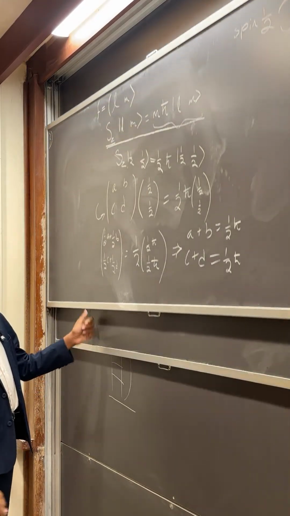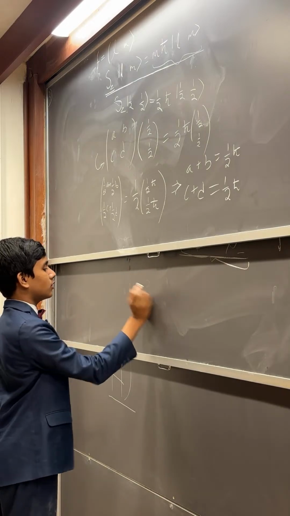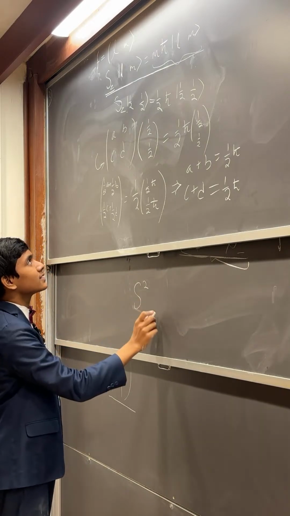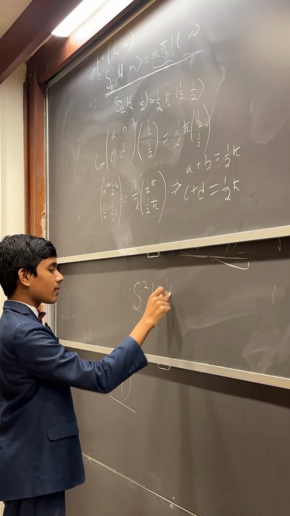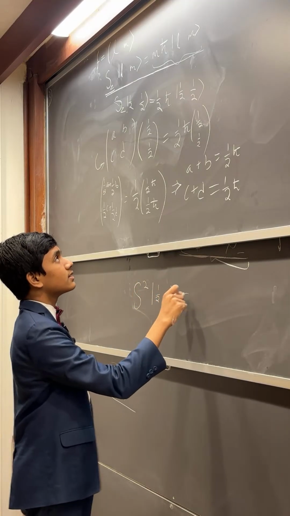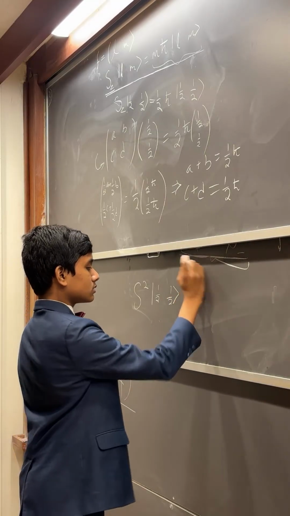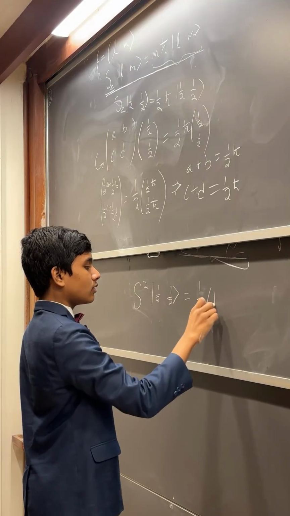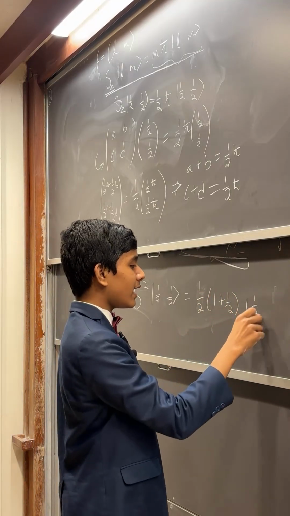Same thing with S squared. Well, there's no point in putting the magnitude signs at this point. So S squared on half, half is going to be equal to L, well, in this case, half times 1 plus a half, multiplied by half, half.